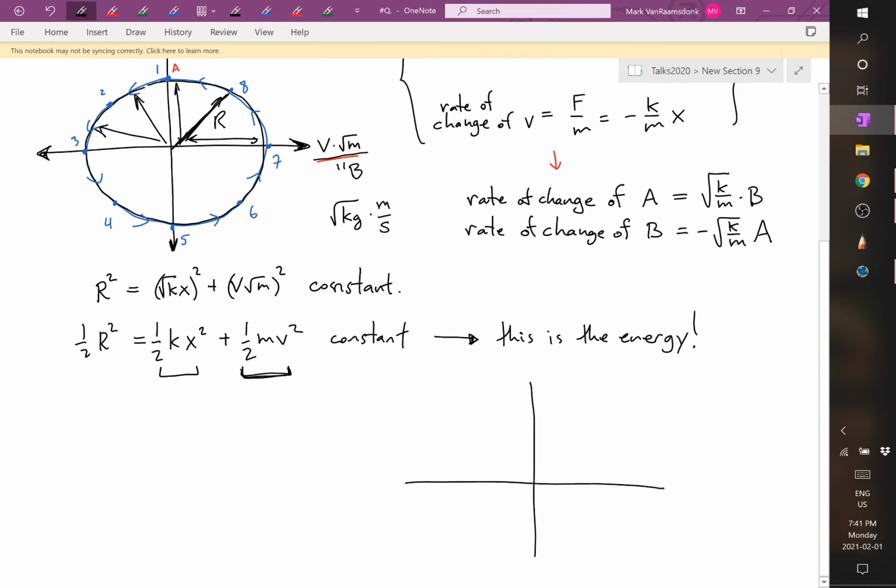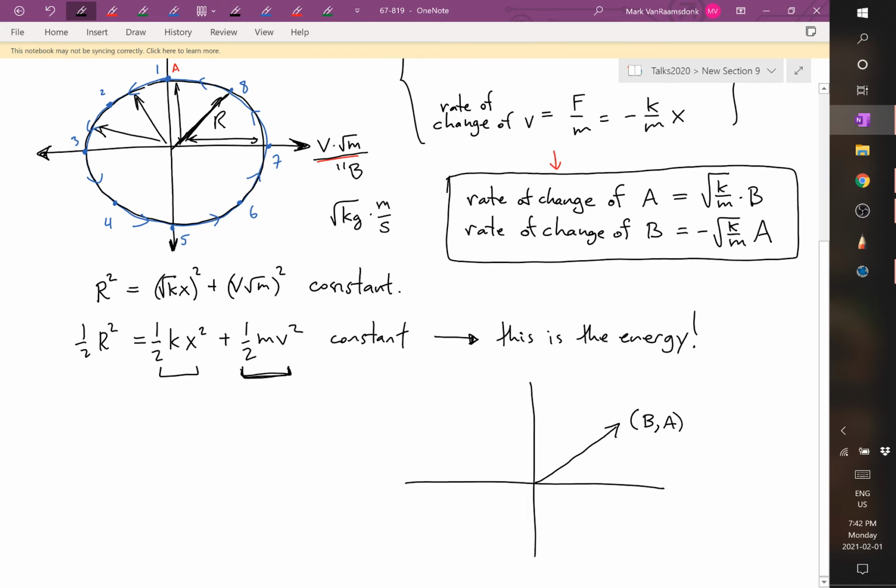It'll be helpful to think about this position A, B on the graph as a kind of vector. Usually it would be written with the x coordinate first. And so we can actually draw a picture to show what these rules tell us.